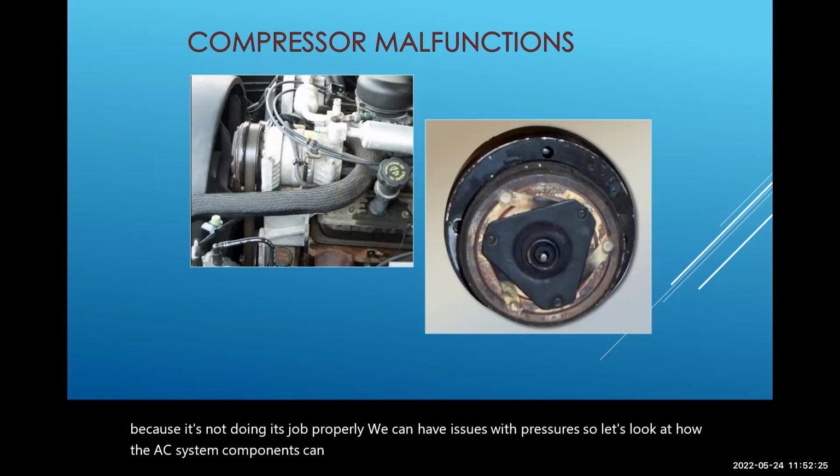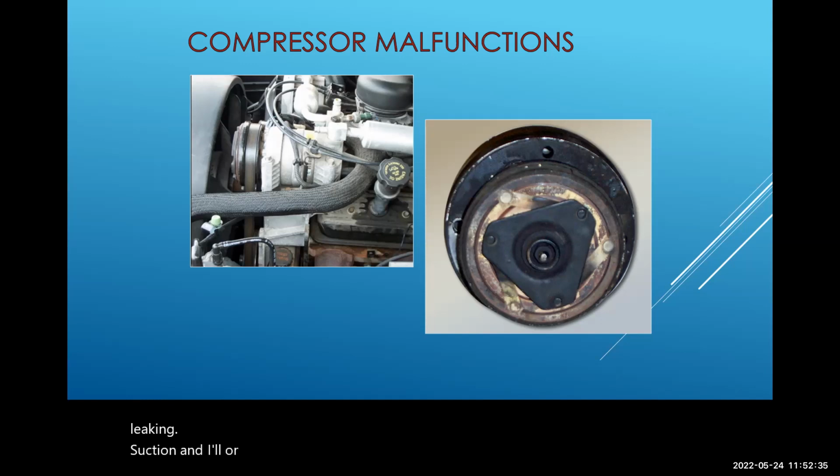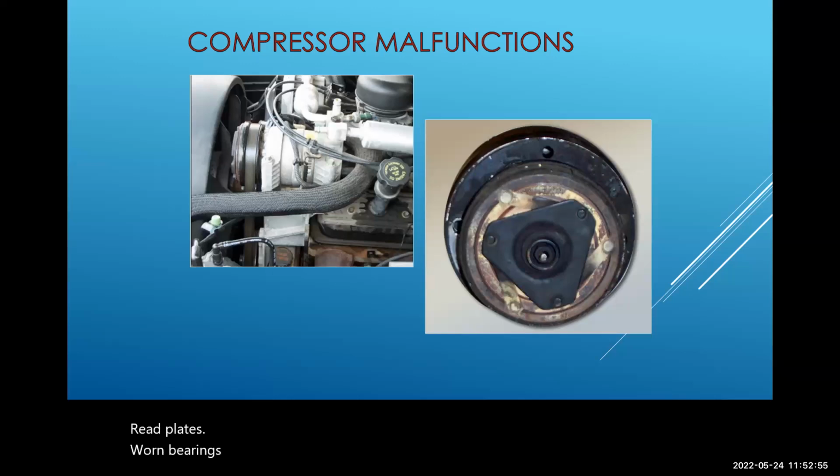Compressor malfunction will include noise, lockup, leaking, and low suction and/or charge discharge pressures being wrong. Noise can be caused by loose or missing hardware, or by internal compressor damage, including broken reed plates, worn bearings, or piston damage.